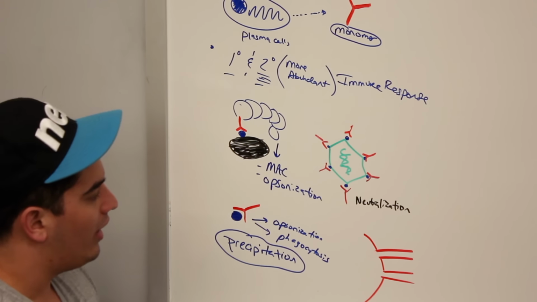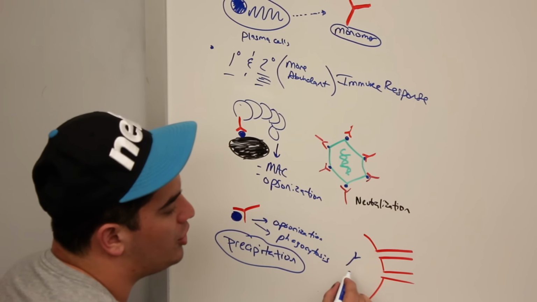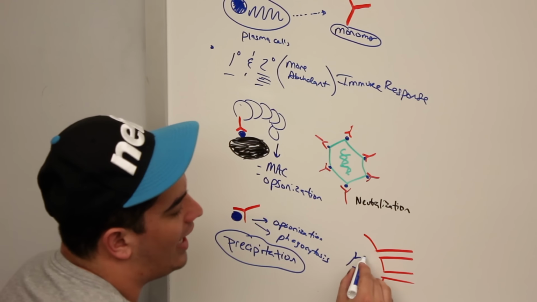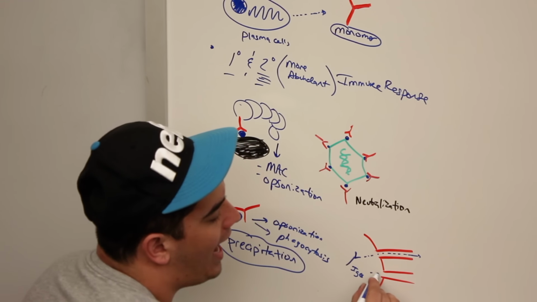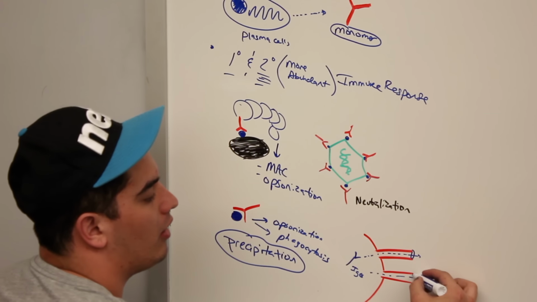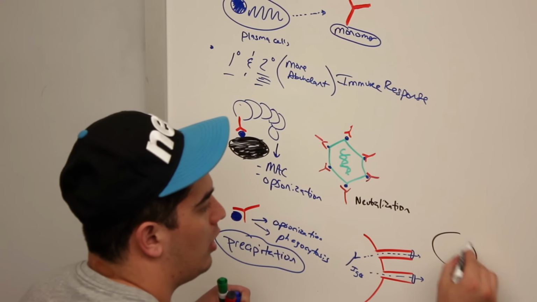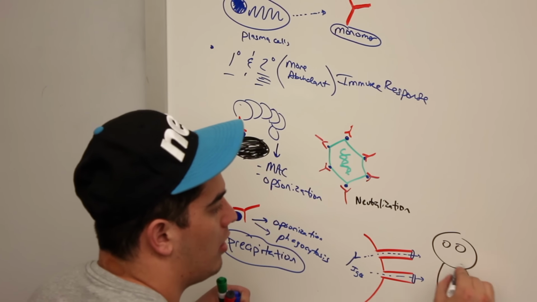They can allow for these antibodies to circulate through. So let's say here I have IgG antibodies. These IgG antibodies can pass over from the placenta to the baby. So here's your baby.